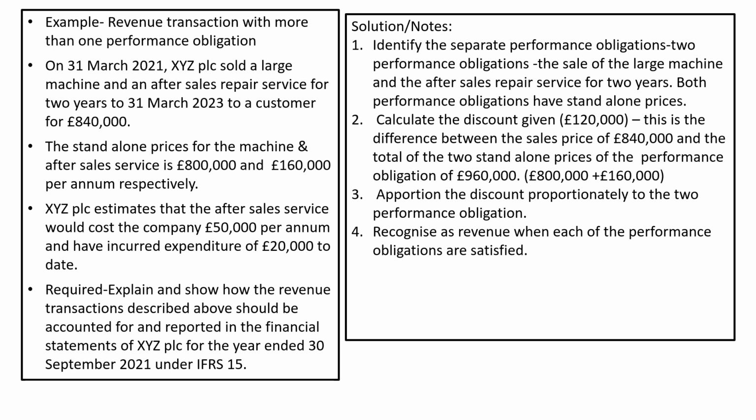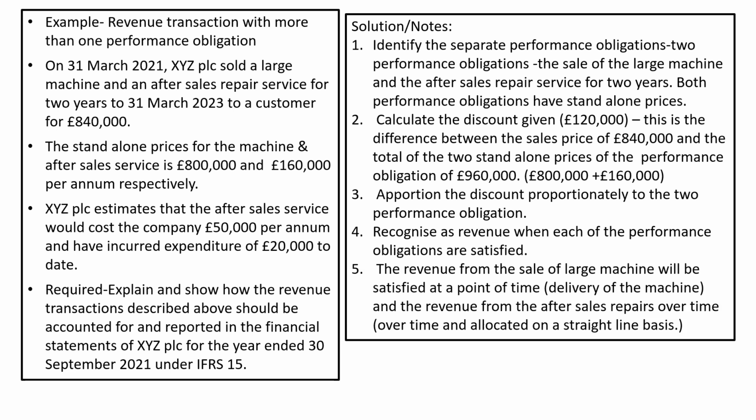Recognize as revenue when each of the performance obligations are satisfied. So the revenue from the sale of the large machine will be satisfied at a point in time, that is when the delivery of the machine takes place, and the revenue from the after-sales service will be taken over time and allocated on a straight line basis.